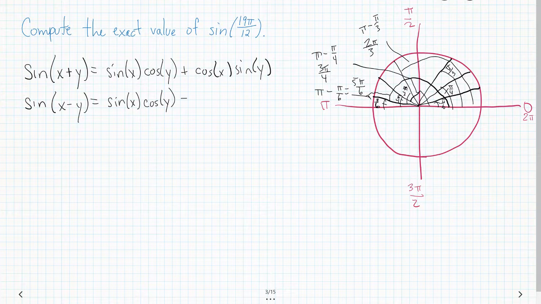So we have some freedom to choose how we're going to approach this problem, in which formula. And just because you'll see me approach it one way doesn't mean it's the only way by any means. But notice what I want is, I want x plus y to equal 19 pi over 12.